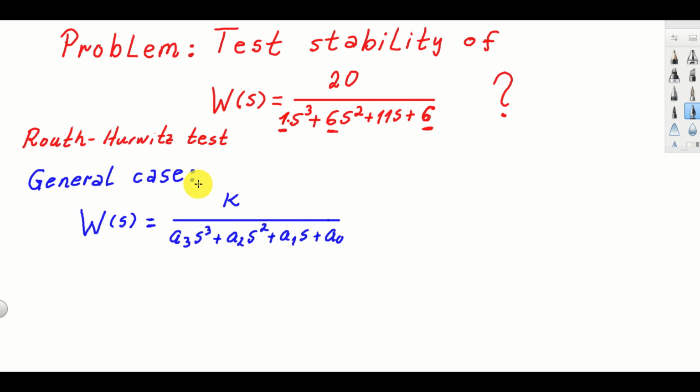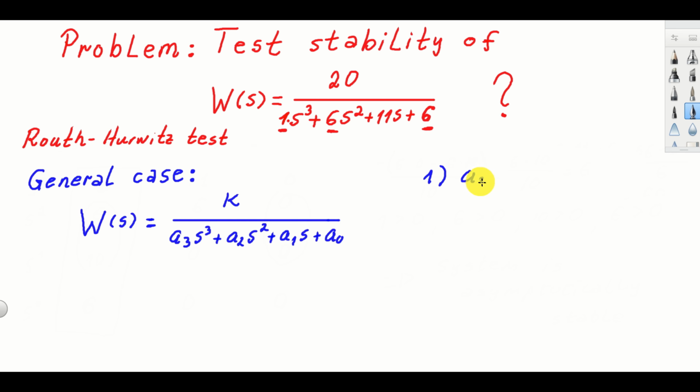By using the Routh-Hurwitz stability test, or better to say the Routh-Hurwitz stability theorem, it can be shown that in the general case, the conditions for the stability of a third order system, represented over here, where k, a3, a2, a1, and a0 are coefficients, are that, number one, all the coefficients of the polynomial in the denominator have to be positive.